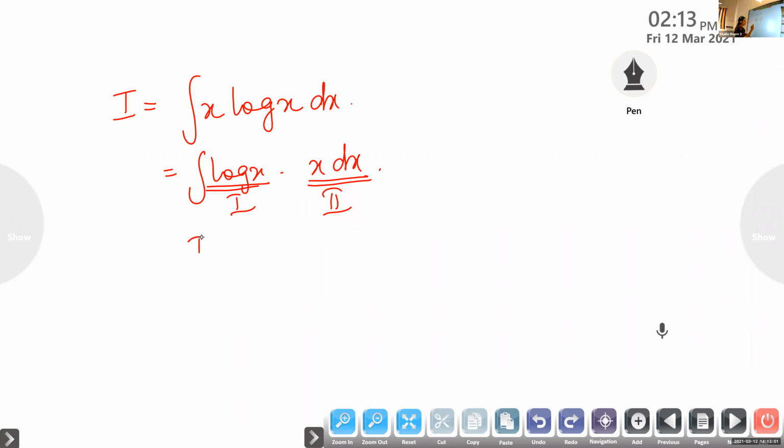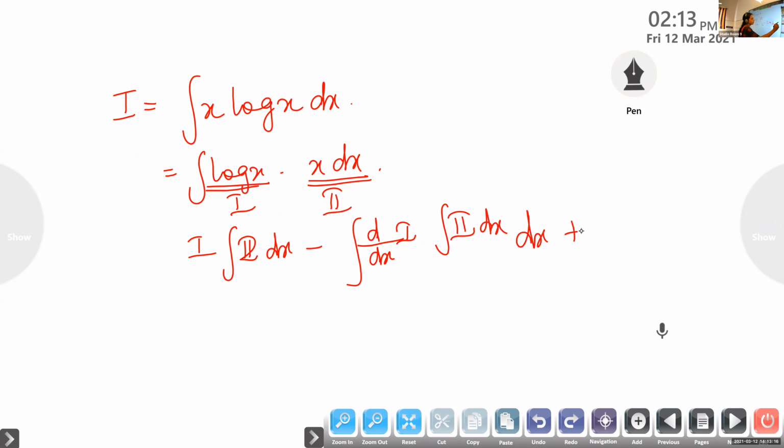What is the formula? First function into integral of second function minus integral of derivative of first function into integral of second function into dx plus c. So what is the first function here? First function is log x.